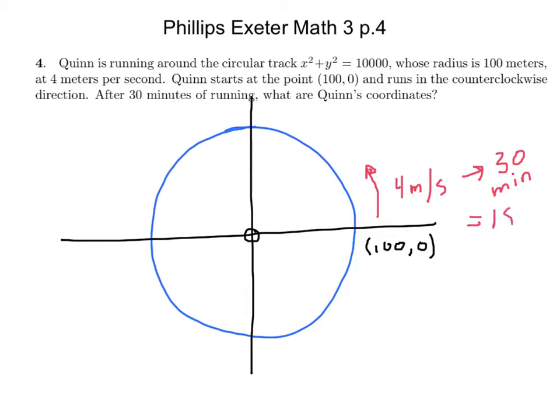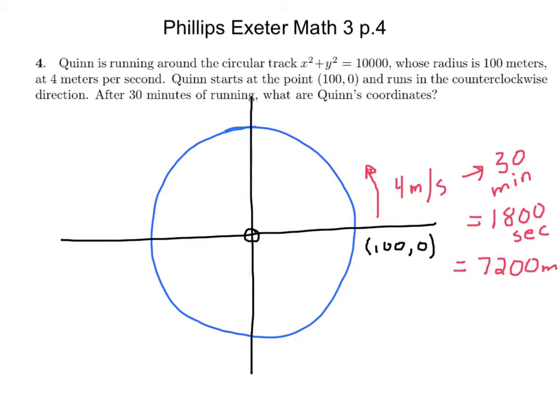So it's 1,800 seconds, and 4 meters per second. So 1,800 times 4. And that gives us 7,200 meters.